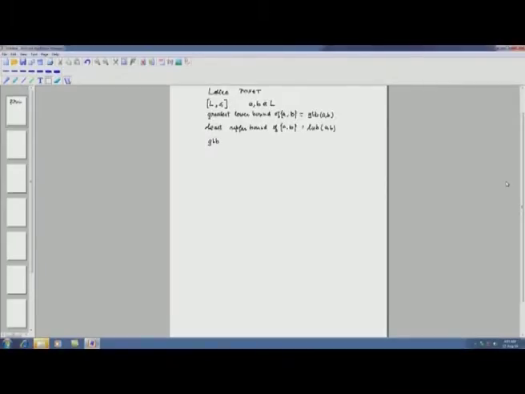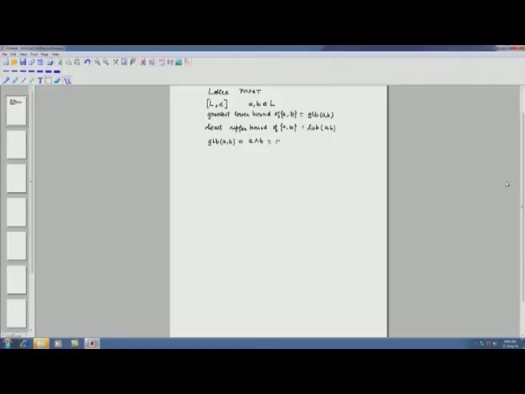Because of this, we can in fact write this GLB and LUB as binary operations over L. We will denote them by symbols like V and wedge. So, GLB of A, B is denoted by A wedge B.